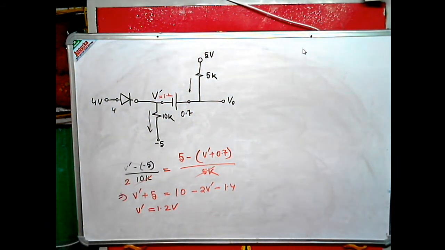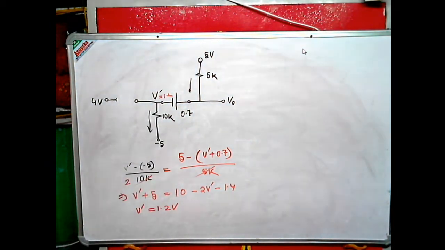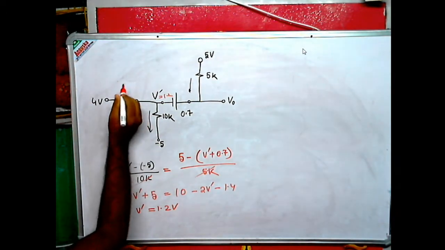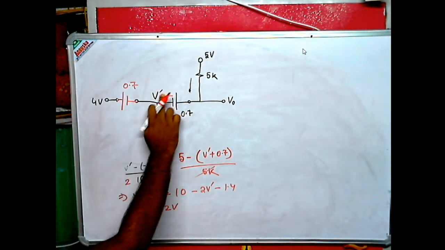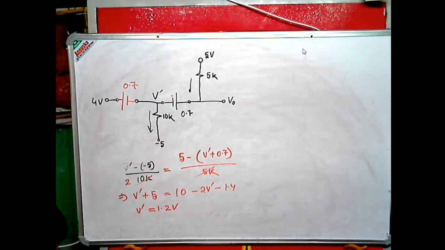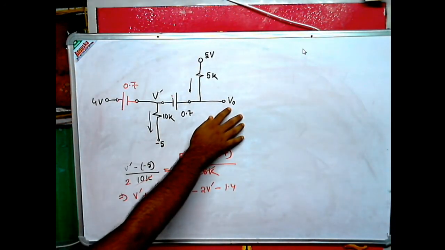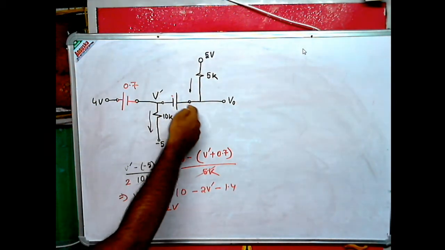Now you can replace this particular diode with its equivalent model, that is a voltage source of 0.7 volt, and this particular voltage is no longer 1.2, so you have to recalculate. Now you have to find this output voltage and the current passing through this particular diode.